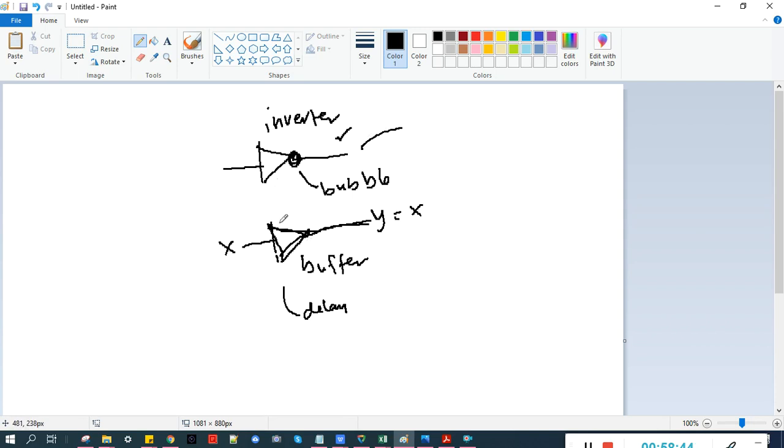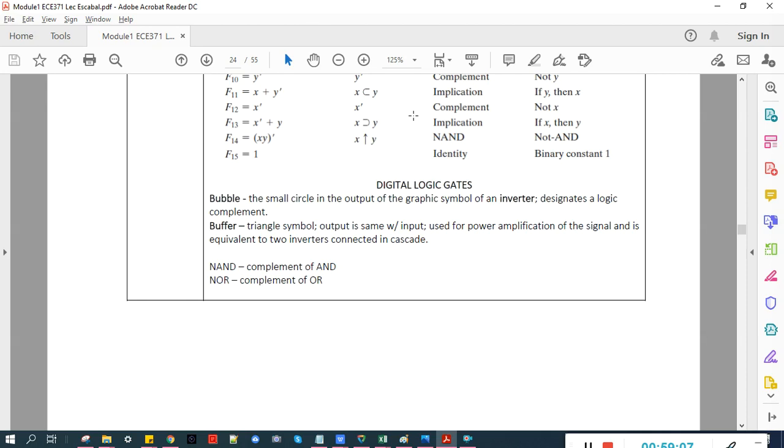So to make a buffer, you complement the inverter to make the input the same as the output. So in actual circuits, hardware, the buffer has more transistor components than the inverter. That's why it said here that it is two inverters connected in cascade.